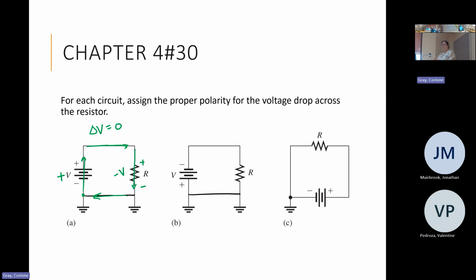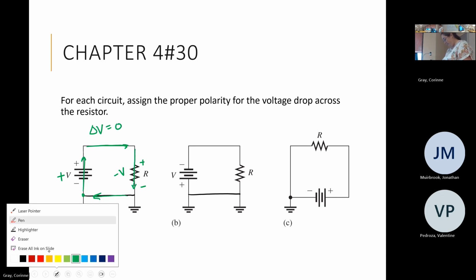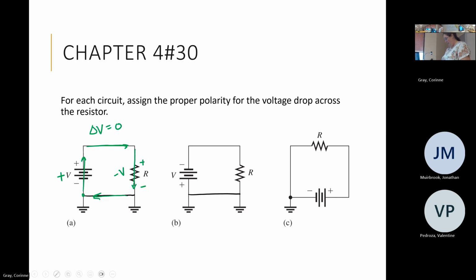Anybody want more time on 30? All right, so somebody want to explain to me what they did for B? Yep, so it's just going the other direction, so we can just flip that around.